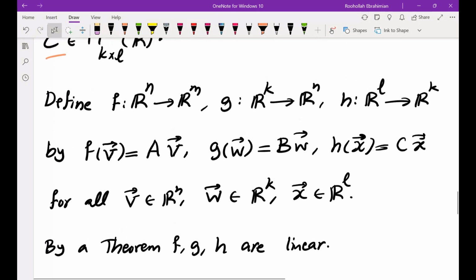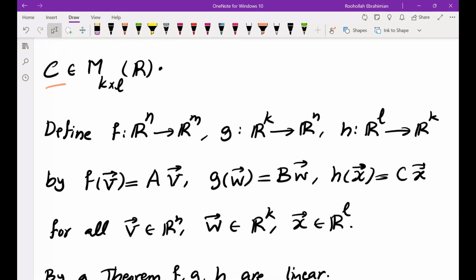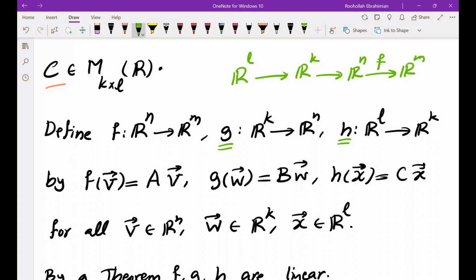So I can compose, if you look at these, I can look at h and g, they can be composed. So I can talk about g of h. If I draw a diagram here, I have f from RL to RK, RK to Rn, and then Rn to Rm. This one is f, this one is g, and this one is h.